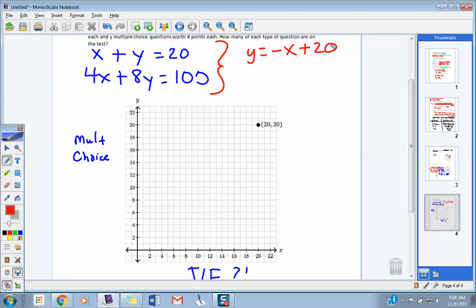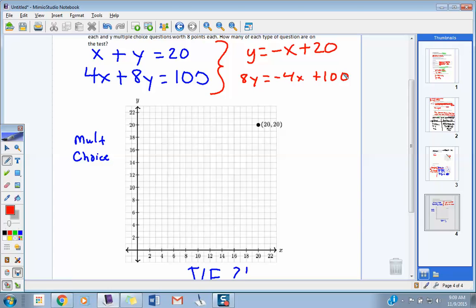Okay. Everybody agree with the first equation when I rewrite that? You guys okay with that? My second equation, what would you have to move first? What would I have to move out of here first to get y alone? The negative 4x. So, yep. So I'm going to have 8y equals negative 4x plus 100.